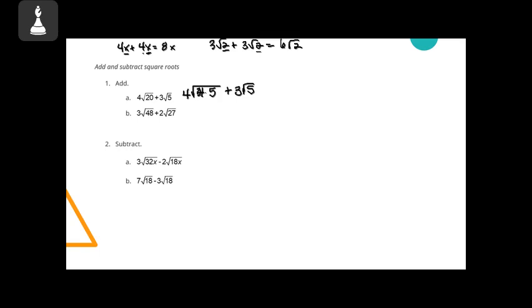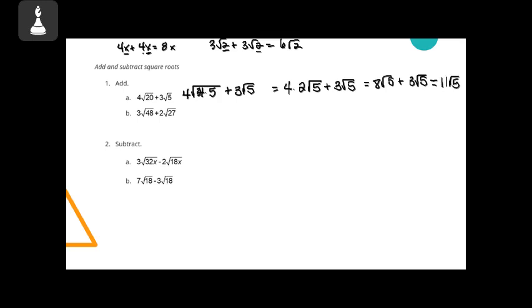Now, the 2 is joining this 4 out front here. So what I need to do is multiply those results together. So the 2 is going to join the 4, and we're going to have a root 5 left over and have 3 root 5 here. So that gives me 8 root 5 plus 3 root 5. And now the terms are matching. So 8 root 5 plus 3 root 5 is 11 root 5.